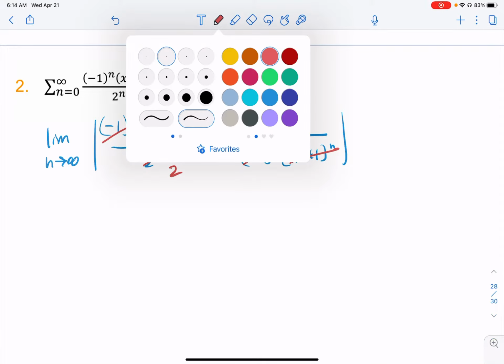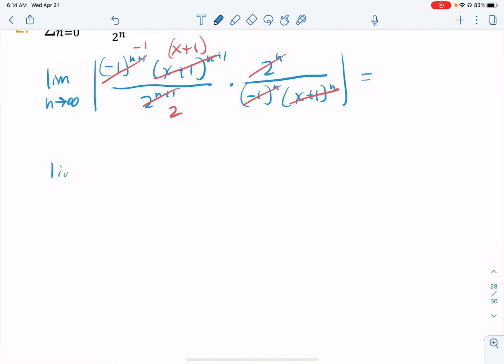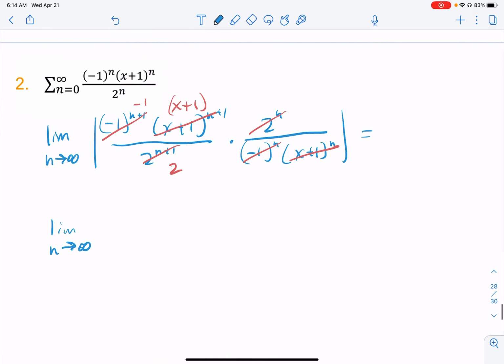Let's make this look a little bit more elegant so we can see what is going on here. So we have the absolute value of negative 1, which really doesn't matter. x plus 1 is the only thing left up top, and on the bottom we have the number 2.